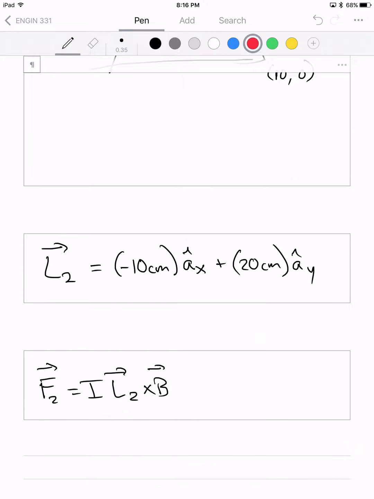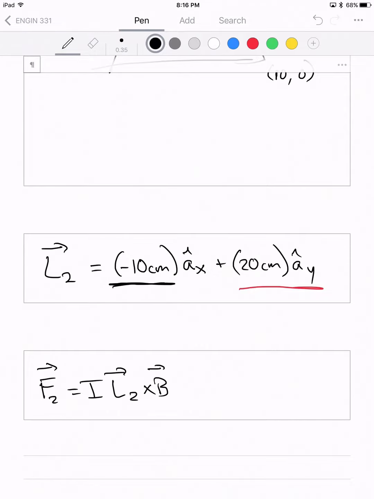We don't get any contribution from the y-directed part of L2 because when you cross a hat y with itself, you get 0. We're only going to get a contribution from the x-directed part. a_x cross a_y is again a_z, but now we have a minus sign on this minus 10 centimeters here.